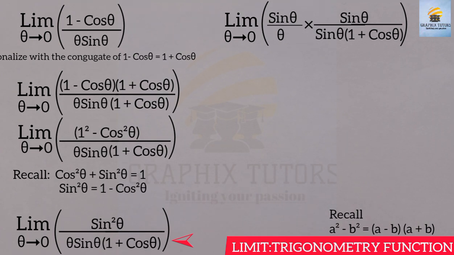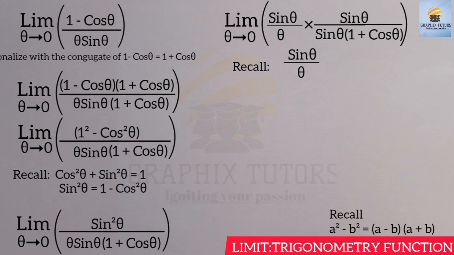Are we together now? Now, the next thing we'll be doing here is that recall there is a relationship that says that whenever sin theta is divided by theta, or we say sin x divided by x, or sin x square divided by x square, or sin 3x square divided by 3x square, as long as the value in front of the sine at the numerator is the same as the value under it, which is the denominator, you'll be having 1 as your answer, right?